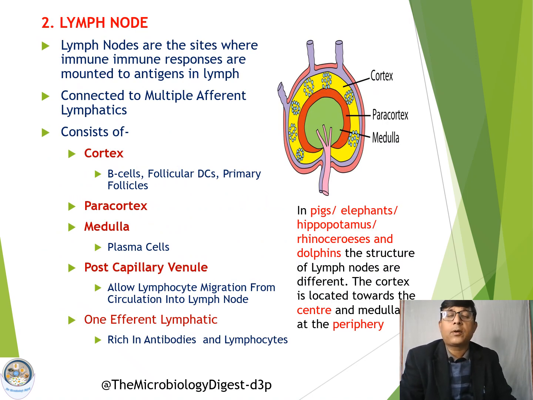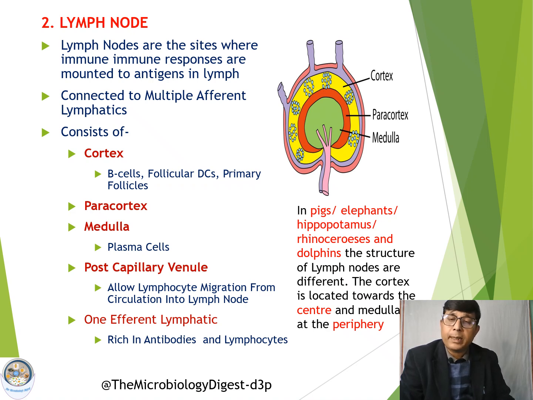Now, the next secondary lymphoid organ is the lymph node. Again, this is the site of immune response. It is in the lymph node where the actual interaction of the lymphoid cells and the antigen takes place, and it is composed of three principal components: the cortex, which is mostly populated by B cells, follicular dendritic cells, and the primary follicles.